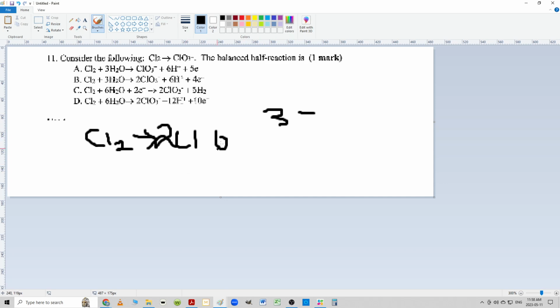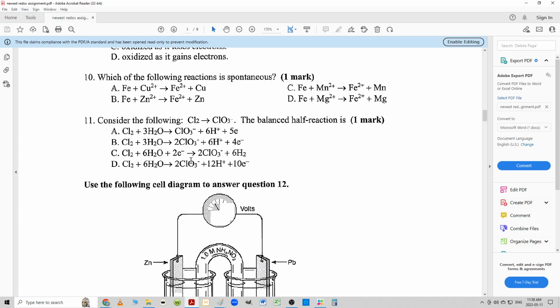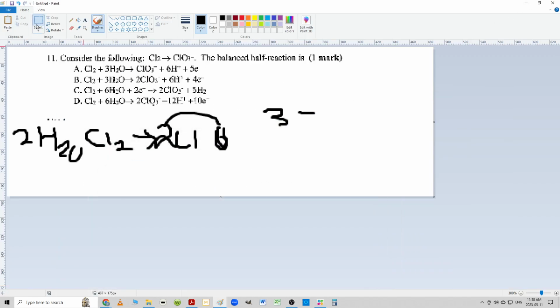Great. Now I have to balance out my oxygens. That's a 3 minus charge, not 3 oxygens. So there's 2 oxygens now, so I need 2 waters. Let me go back and make sure I got the right equation here. Oh my God, that's O3 with a minus charge. So I even got the charges wrong.